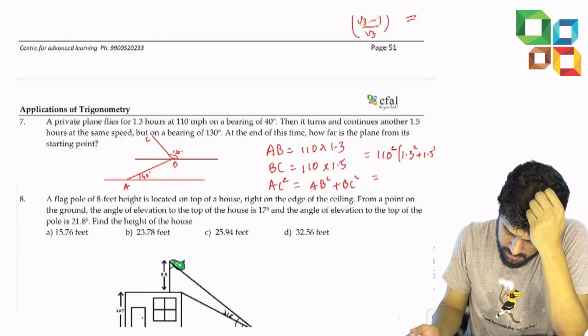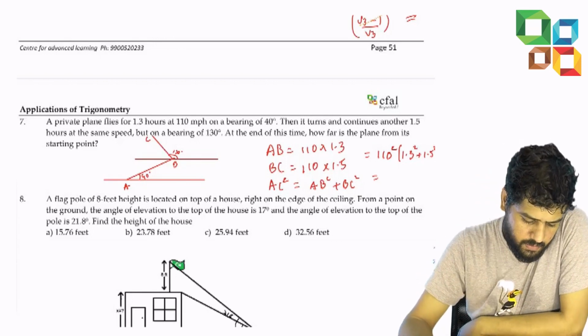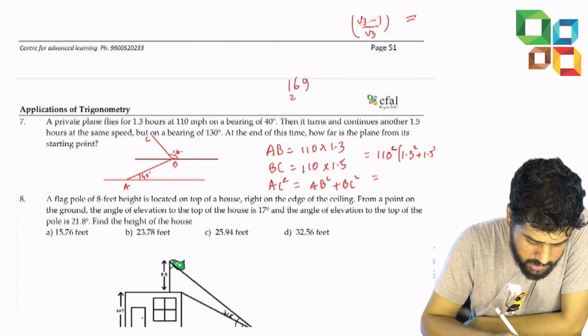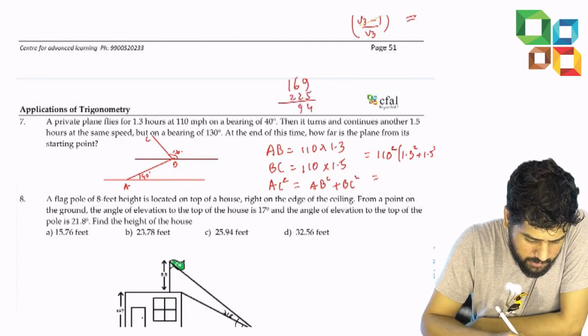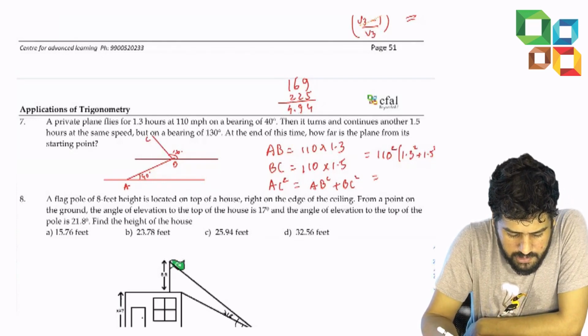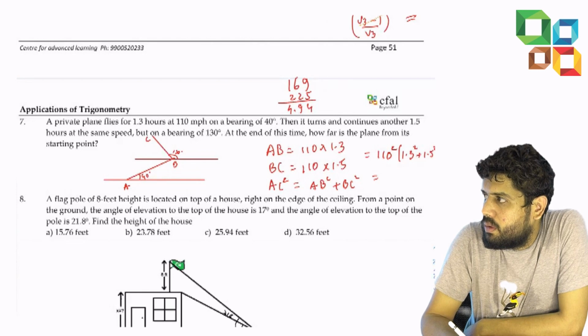1.3 square is 1.69, plus 1.5 square, 2.25. How much is that? 4.94. So root of 4.94 is approximately 2.1. 2.1 square is 4.41, right?